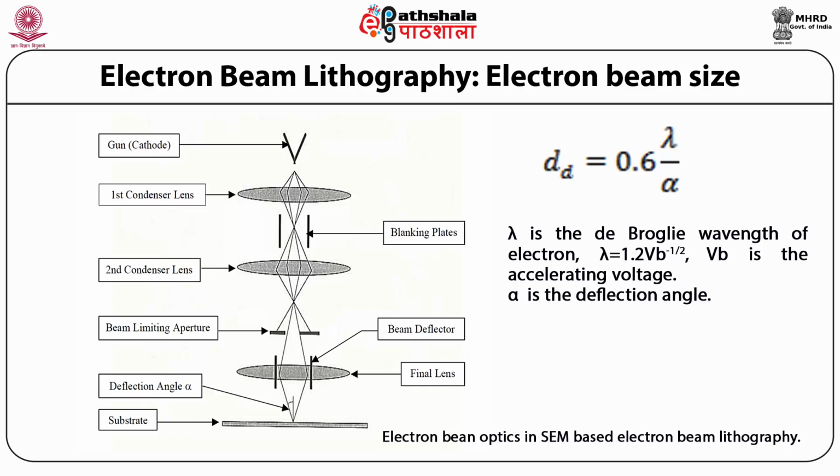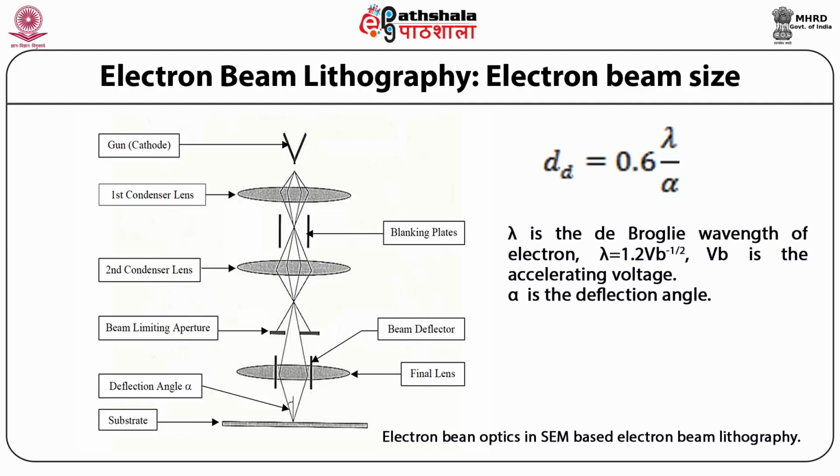Hence, by varying the electric field, the degree of deflection of the beam can be varied. Similarly, varying the current through a set of deflection coils can also be used to deflect the electron beam off axis.